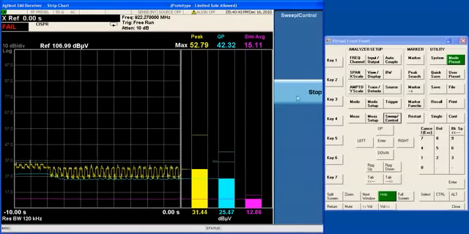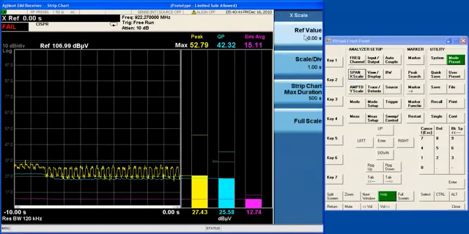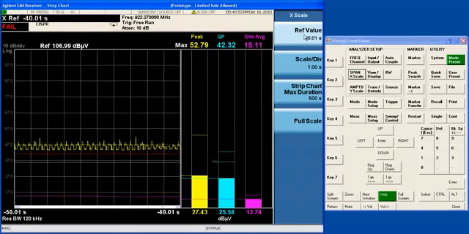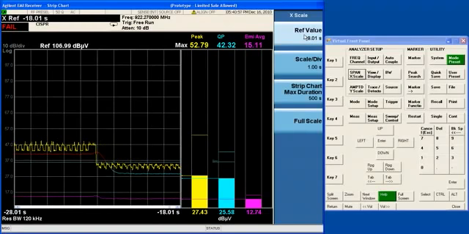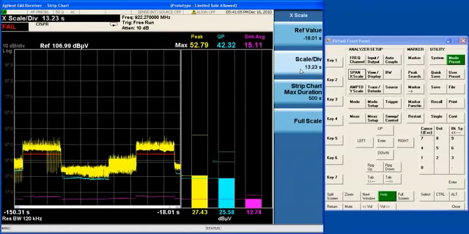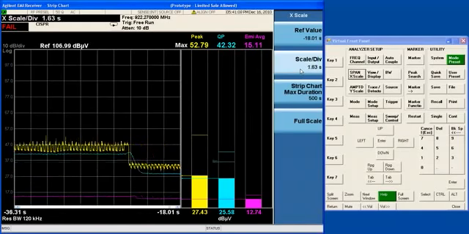So if I stop the meter display and then adjust the reference values, say, it'll basically let me scroll through the display, and I can look at the past data that's been captured already. And if I adjust the scale per division, I can compress or expand the data and see basically everything that I've already captured.